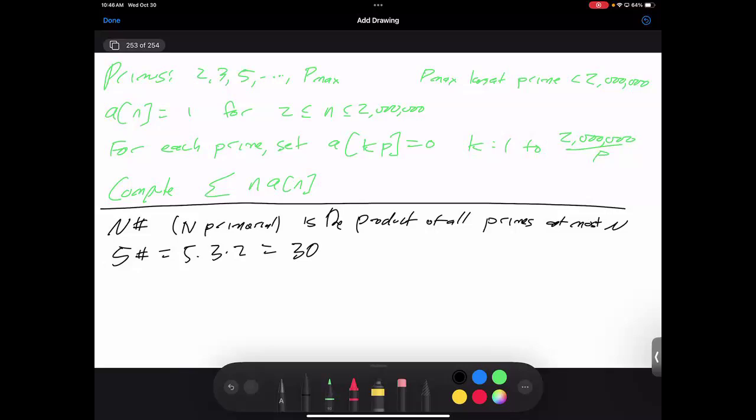Yes, good. And so if you look at n primorial plus 1, it's either a prime number, or if it's not prime, it has to be divisible by a prime that's not on our list. Now, do we agree that n primorial plus 2 is composite?